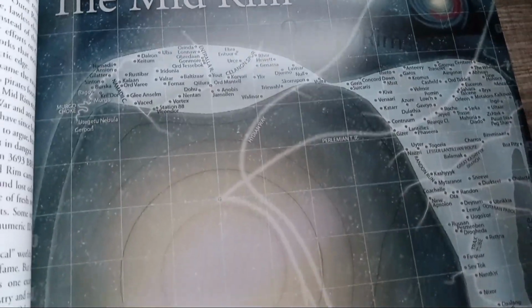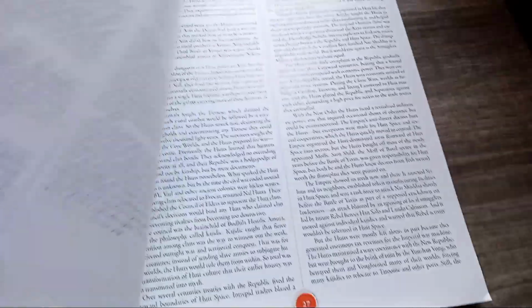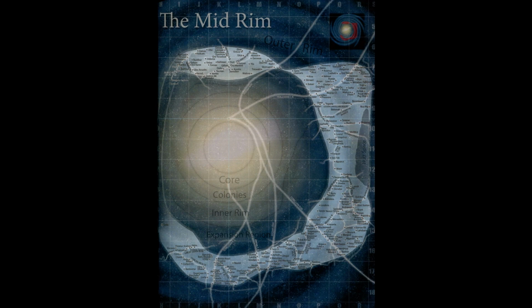It's pretty nice. Oh, you can see Hutt Space kind of divided all by its Boz Pity. Tagoria. Let's see. Lannick. Dressel. Still nothing super famous.